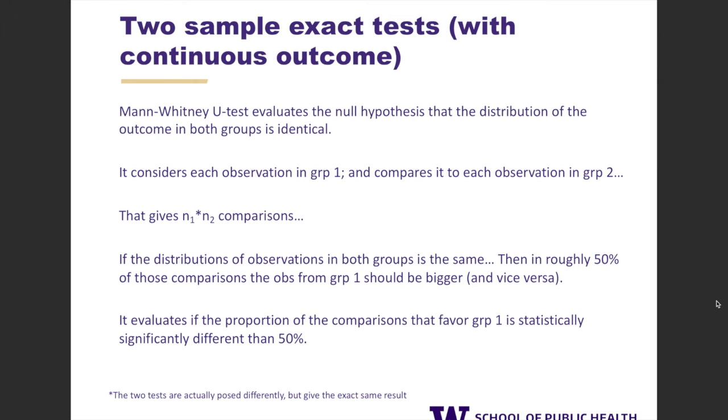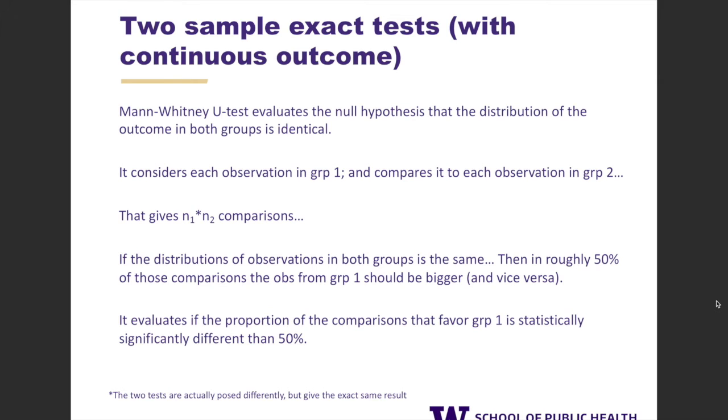We're going to talk about the way that it is posed under this name. So what this test does under the hood is it looks at all the observations in group 1 and it compares each of them to each observation in group 2. So let's imagine we have 5 observations in group 1 and 10 observations in group 2. It takes the first observation in group 1 and compares it to each of the 10 observations in group 2.